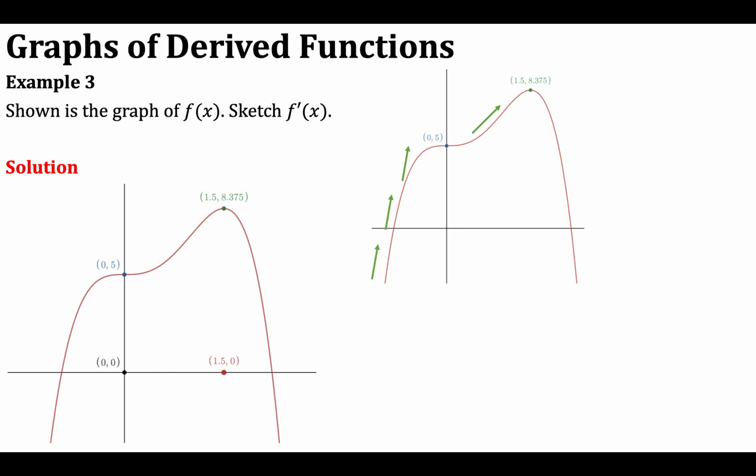So the gradient is positive, which means on the graph of the derivative we'll see something happening above the x-axis. Now after the second stationary point here, we can see the graph is decreasing, and that means it's got a negative gradient, and therefore something will happen below the x-axis.